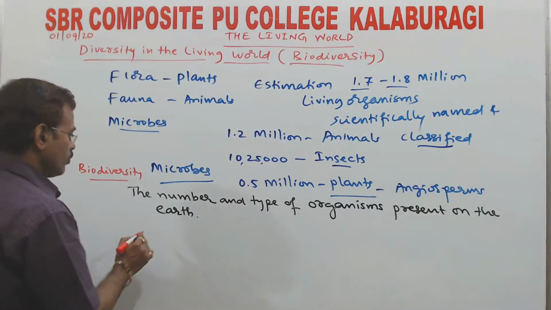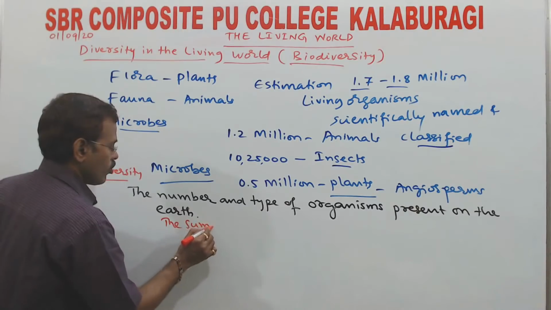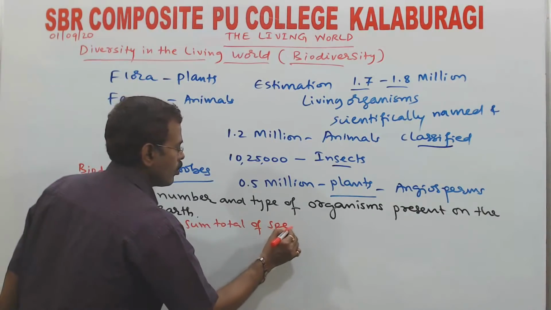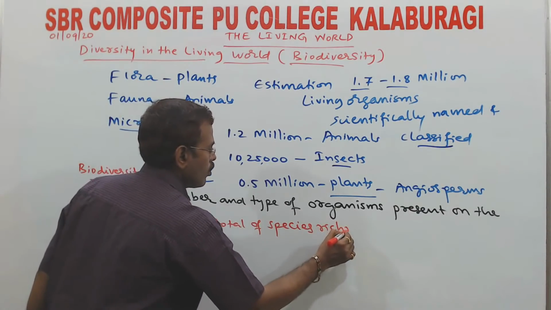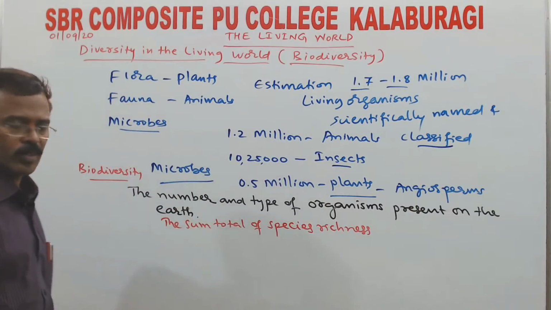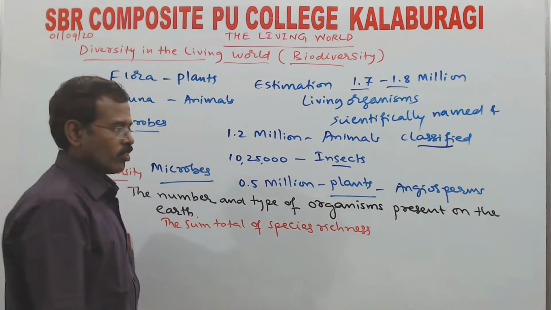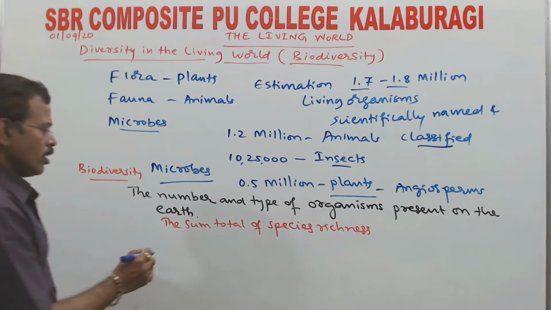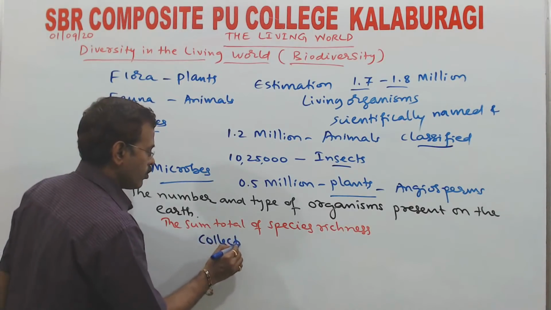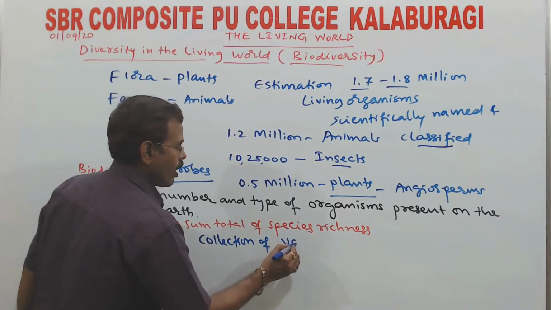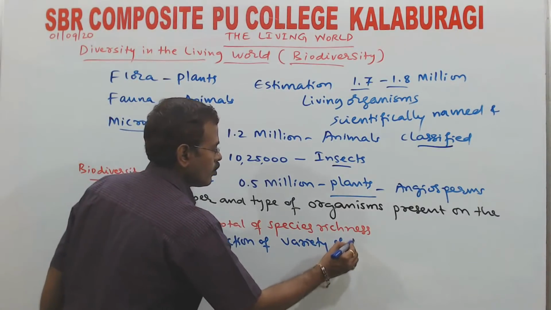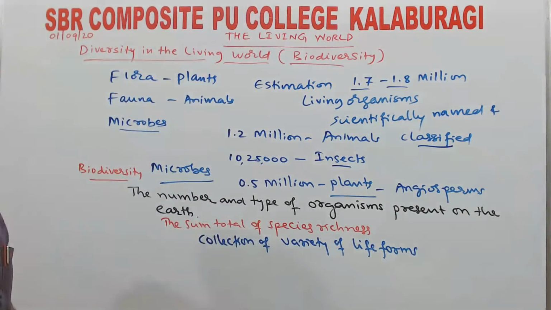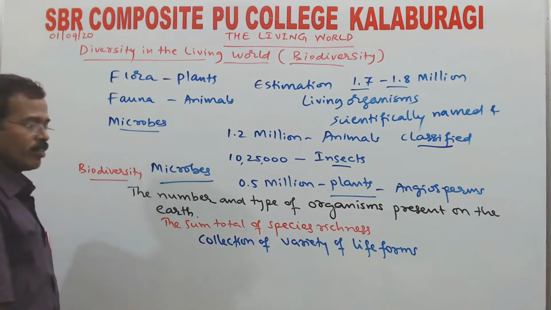Another definition you can give: the sum total of species richness is known as biodiversity, or the collection of a variety of life forms is also known as biodiversity.